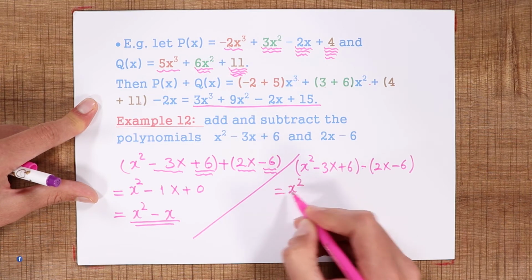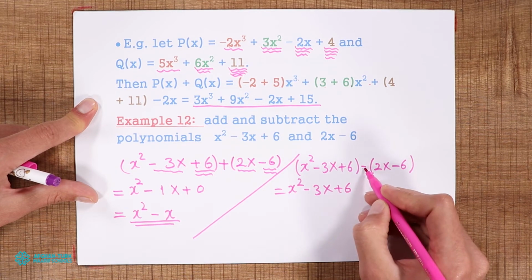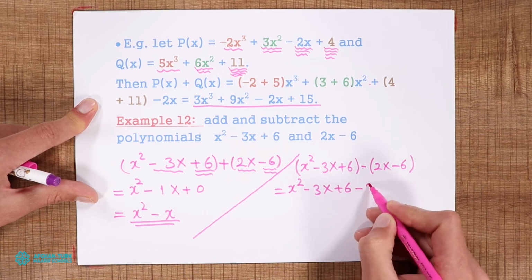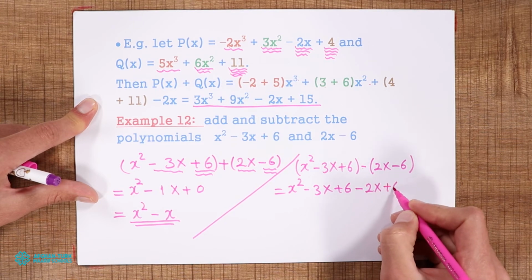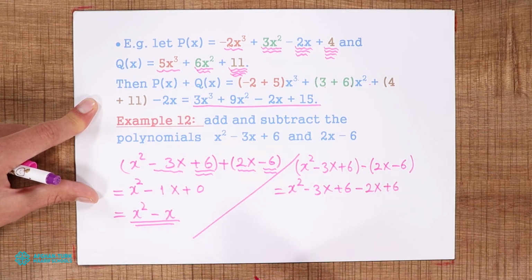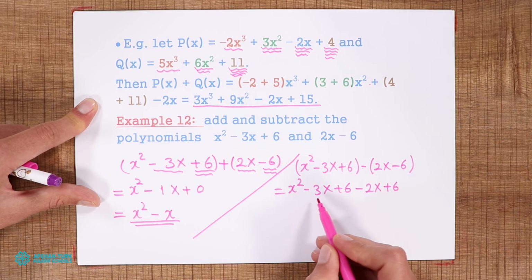X squared minus 3x plus 6, minus times plus will be minus 2x, and minus times minus will be plus 6. So at the end you need to add or subtract or combine the like terms.